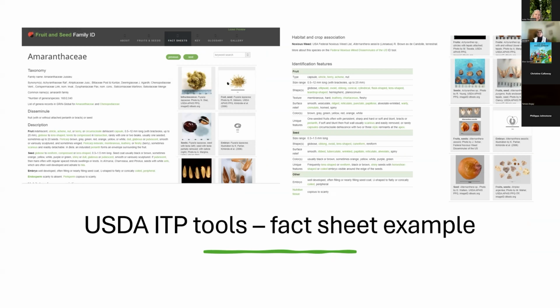And so we have a collaborative program going on where we're going to try to combine or share our information with USDA so that it is available to more folks for no charge. But you'll see that the same type of information is collected, the type of seed, the texture, the surface, the size. What are the identification characteristics that one might use to determine, oh, this seed that I have that's separated from the mother plant, and I don't know what that mother plant is.